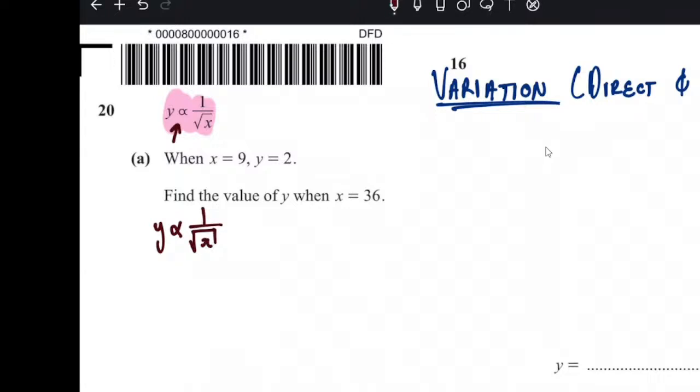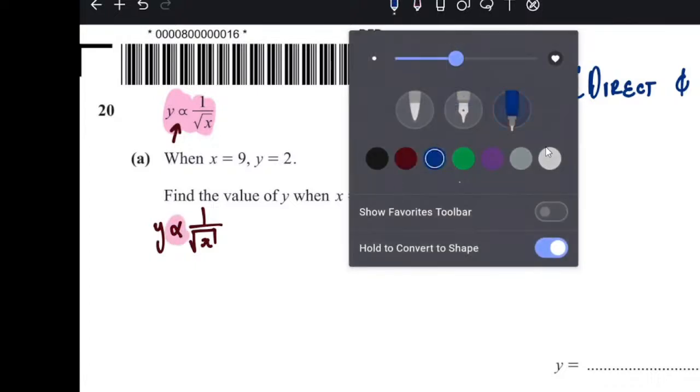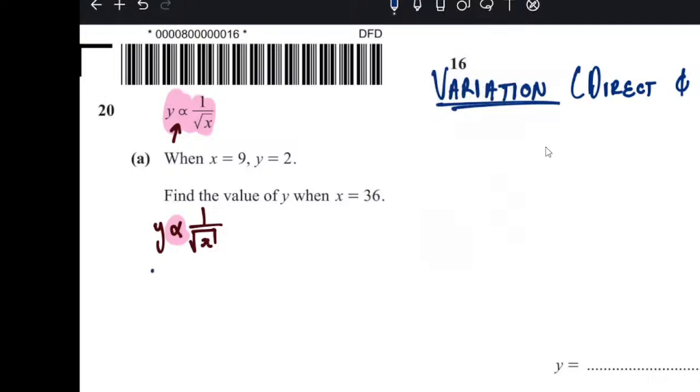The next step is, this fish is a meaningless thing. You gotta remove it and put an equal sign. So Y will be equal to 1 over root X. Class, no, I'm lying. Y will be equal to K over root X, because you need to put a constant. If you don't put a constant, you are in trouble.